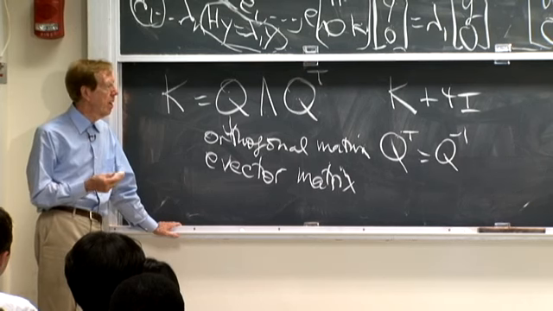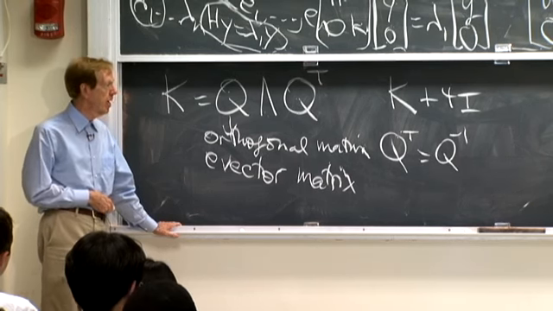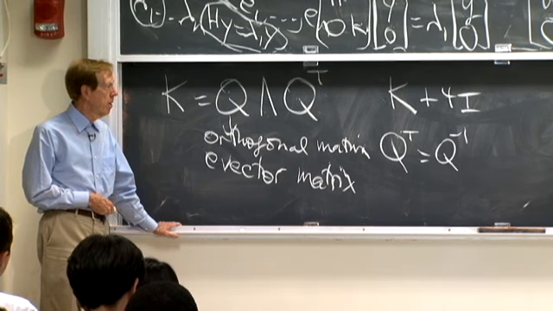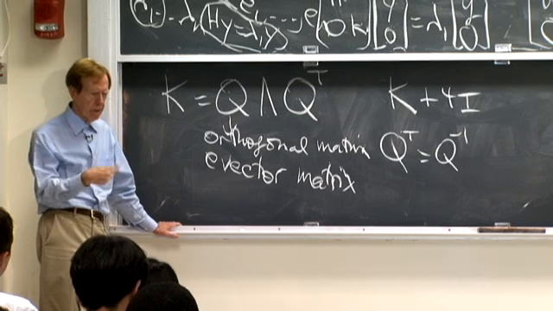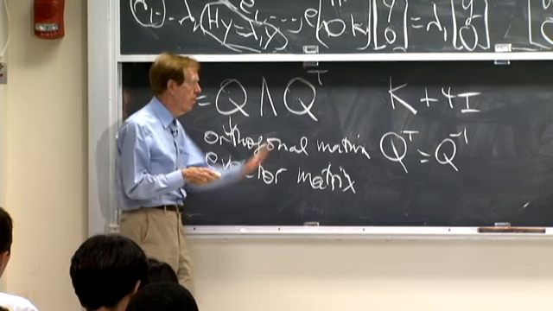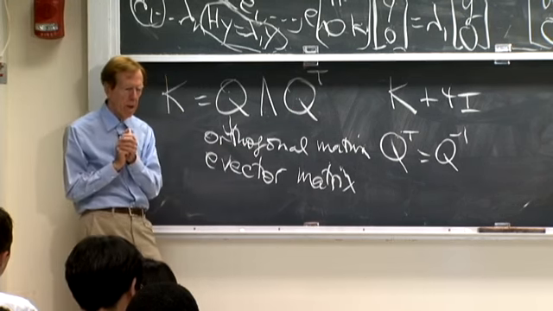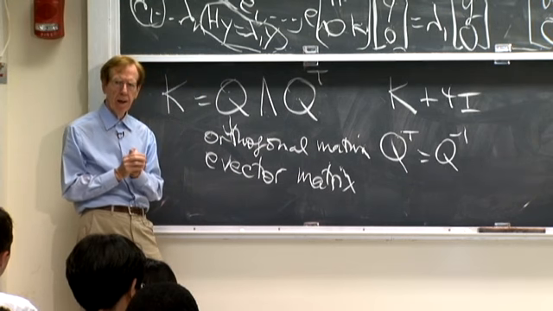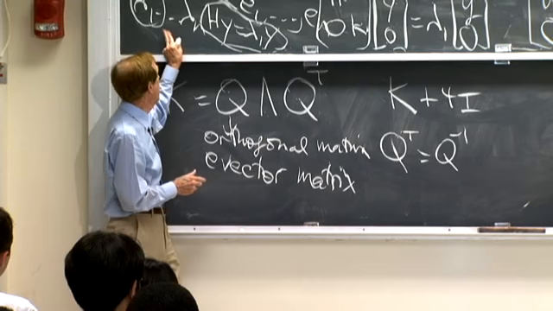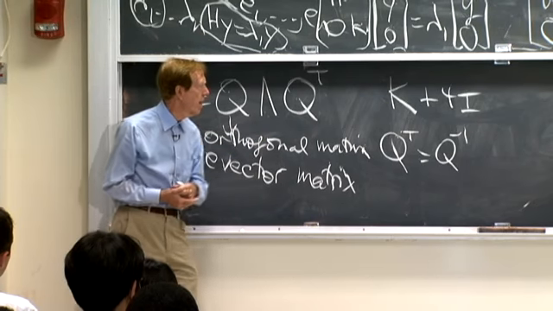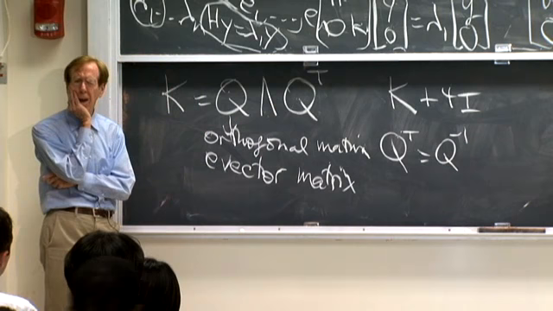What's changed and how, and what hasn't changed? Because the identity matrix is always the easy one for us to know what's happening. So what is happening to the eigenvalues? Now, if K had these eigenvalues lambda, what are the eigenvalues of K plus 4I?